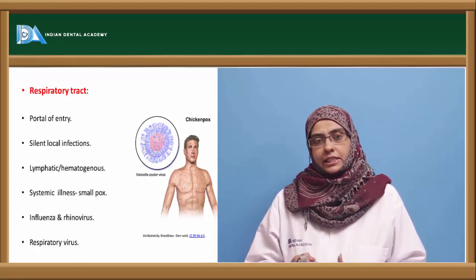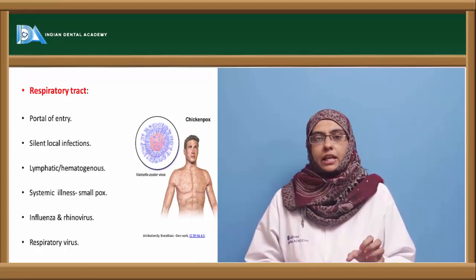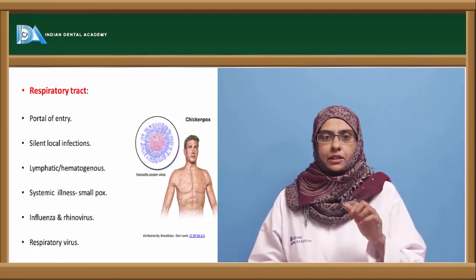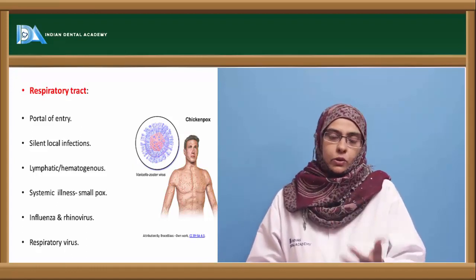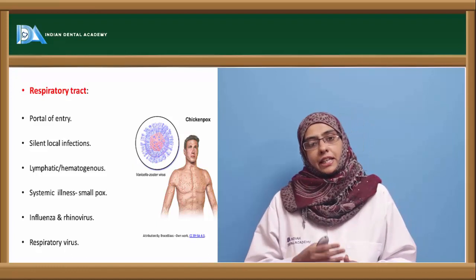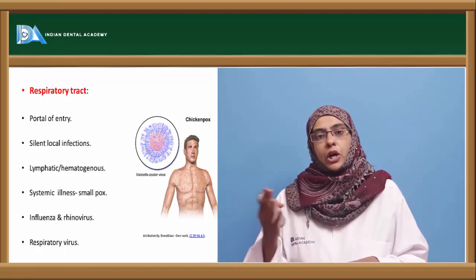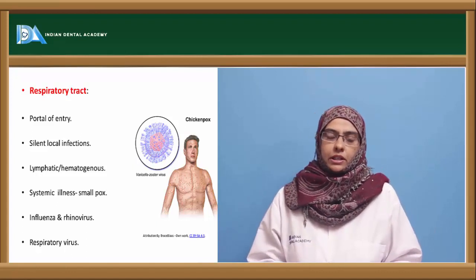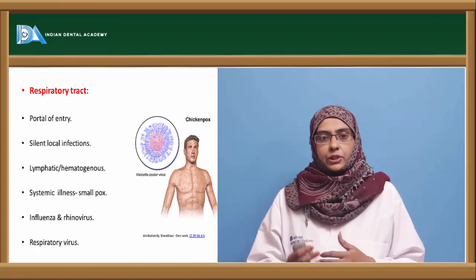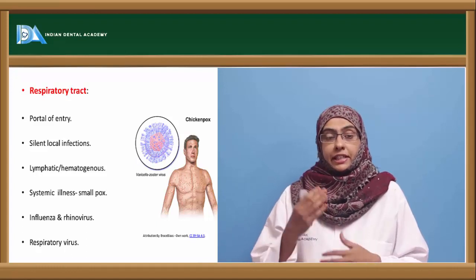So here, when the virus gains an entry, it multiplies locally for a certain period of time, which is usually called a silent local infection, after which the virus can get disseminated, carried via the lymphatics or via the bloodstream towards various organs of the body, where they can show active multiplication.